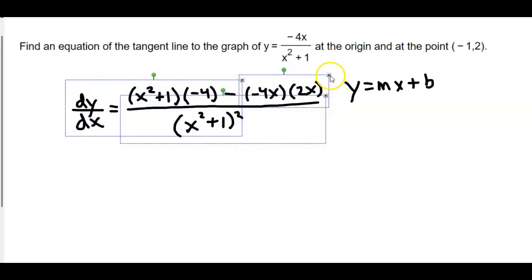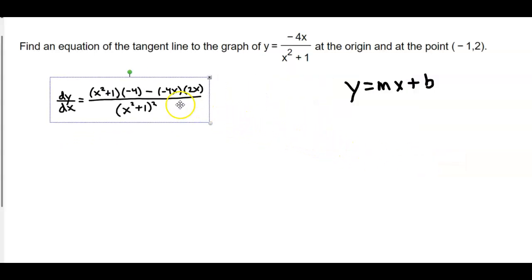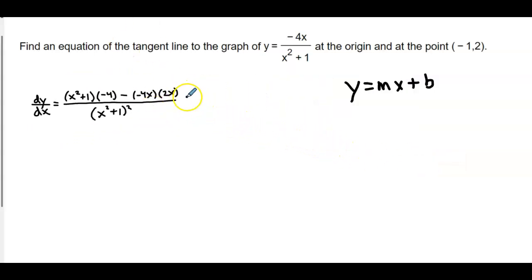Now we don't necessarily have to, but it might be helpful to simplify this a little bit and make it easier since we have to evaluate at 2 different points. So let's see here. If I distribute the negative 4 into this binomial factor, I'll get negative 4x squared minus 4. For this second term, we have 2 negatives, which makes a positive, and then I've got 4 times 2 is 8, and then x times x is x squared.